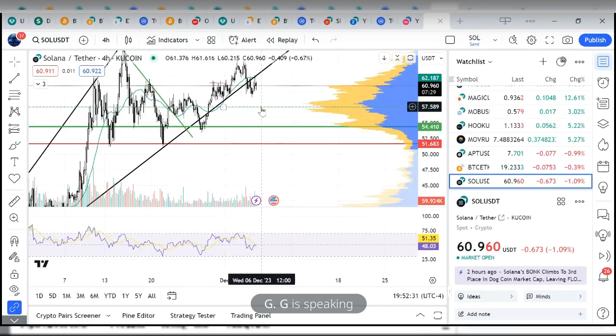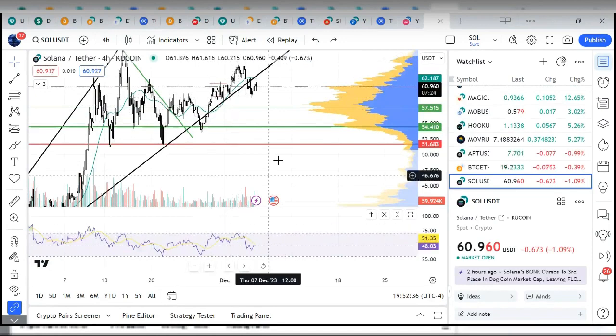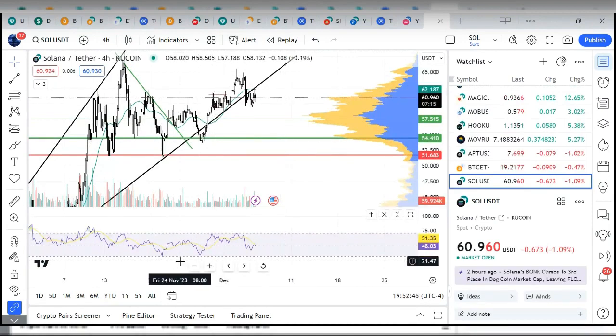And when we reach up to the top of the time frame, which is these tops here, we were on 64. So you could still make $10 on Sol. From November the 27th, within a week's time, you could have collected a $10 profit per Sol, just looking at the four-hour.